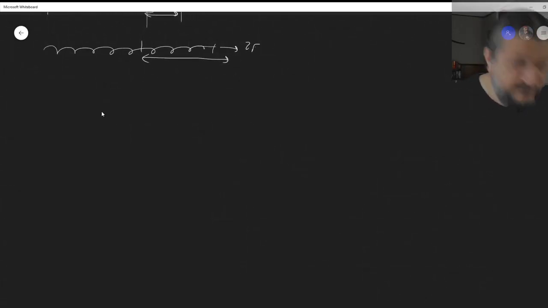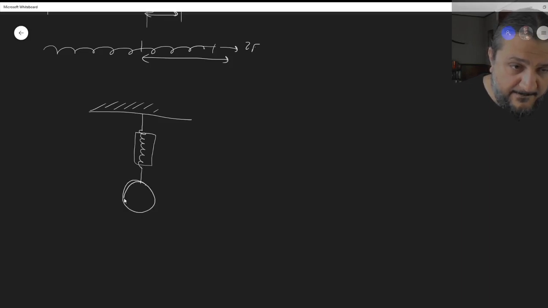So we have a spring scale attached to the ceiling, and you hang a pulley. The pulley has a frame. That's where you attach it.